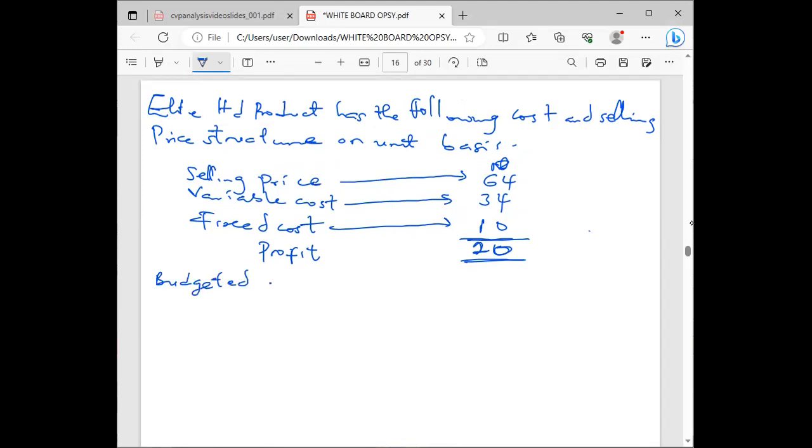Budgeted activity is 1,050 units per month.